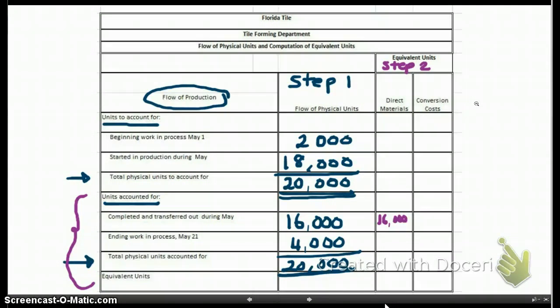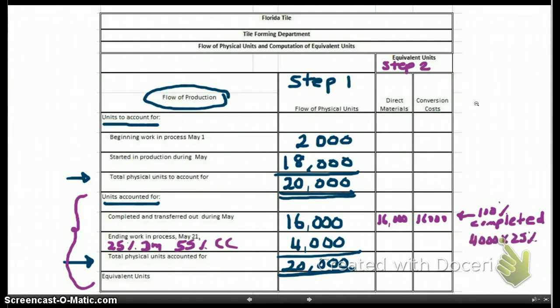How about conversion costs? How complete are these completed and transferred out units for conversion costs? Again, they're completed and transferred out, so they are 100% complete. So your equivalent units for conversion costs are again 16,000 times 100%, or 16,000. Your work in process units are 25% complete for direct materials and 55% complete for conversion costs.